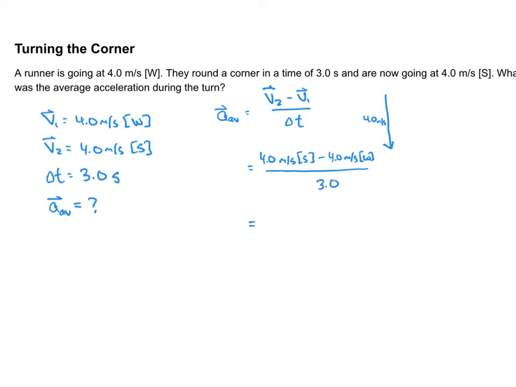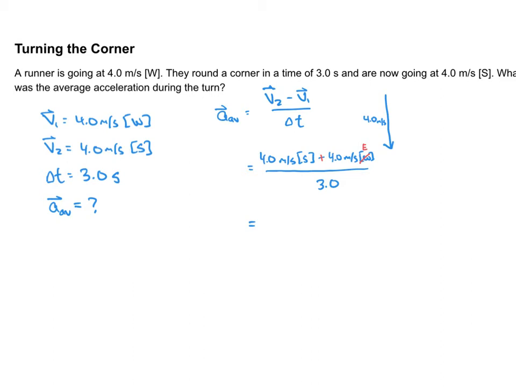So I've done the 4 meters per second south, and now I've got to do minus 4 meters per second west. So I'm going to change minus to plus, and I'm going to change west to east. So I'm changing vector subtraction to vector addition of the opposite direction.